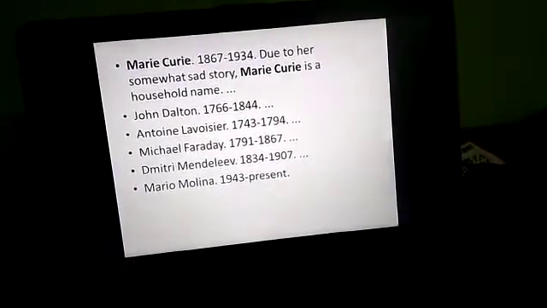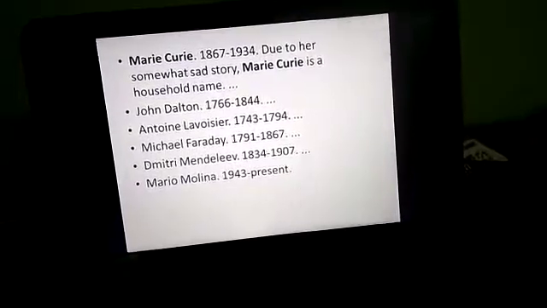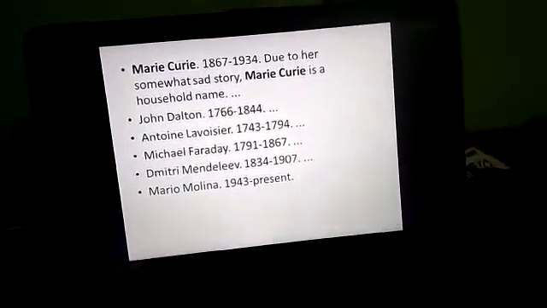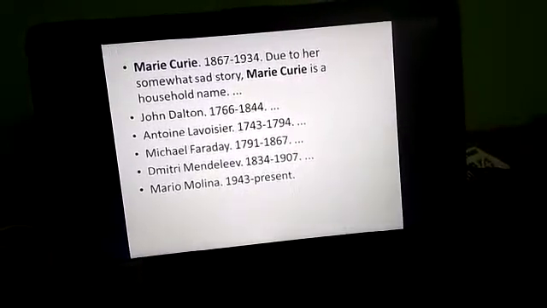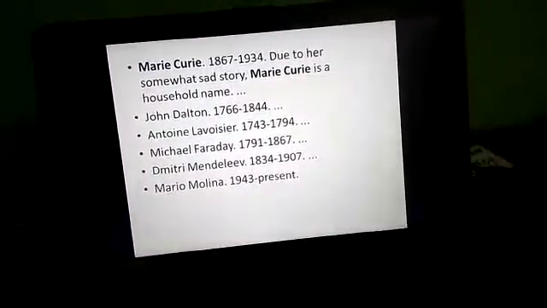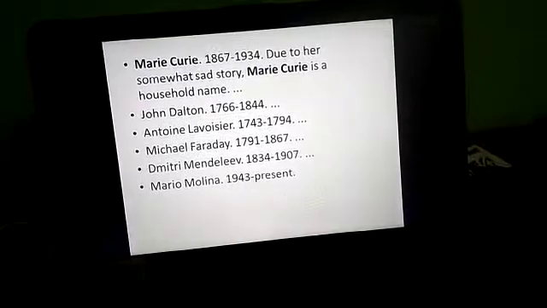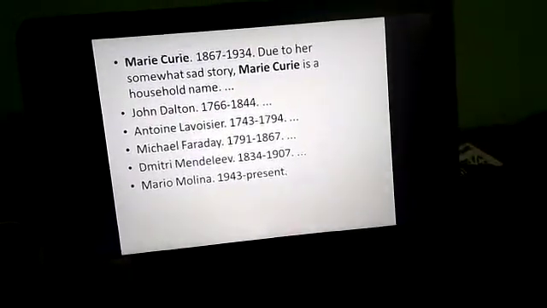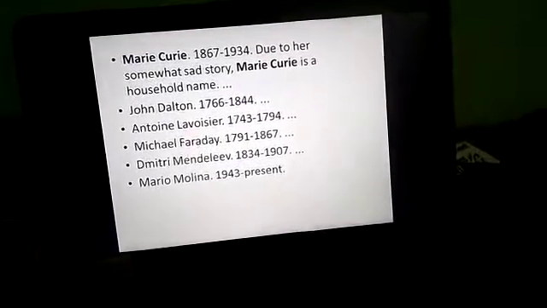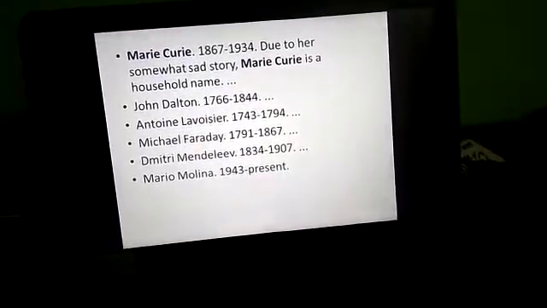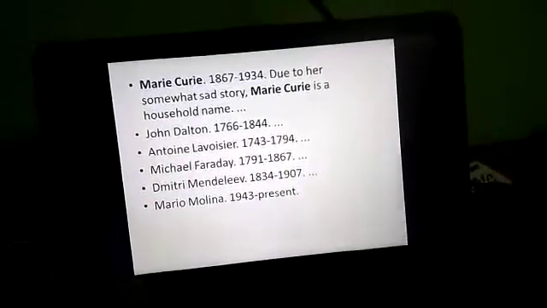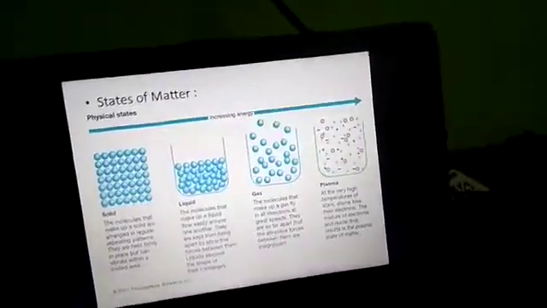And John Dalton, who invented the atom, and Antoine Lavoisier, and Michael Faraday invented the bulb also. And next, Mendeleev, who arranged the elements in groups. And Molina, the present one, she is also there. And these are the scientists of chemistry.